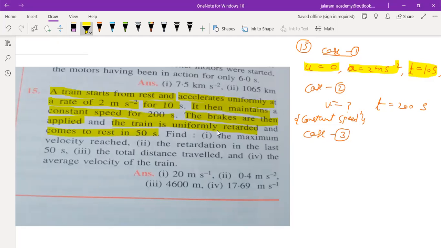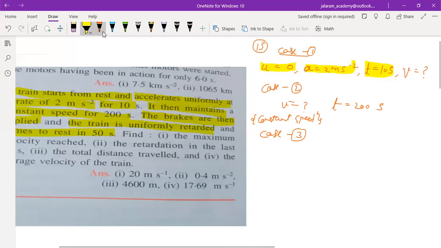Means first it has traveled for 200 seconds with the same speed which it has reached at the end of these 10 seconds. Then after 200 seconds, its speed is equal to this V1. V1 means final velocity in case 1, which is the constant velocity in case 2, and which is the initial velocity in case 3.